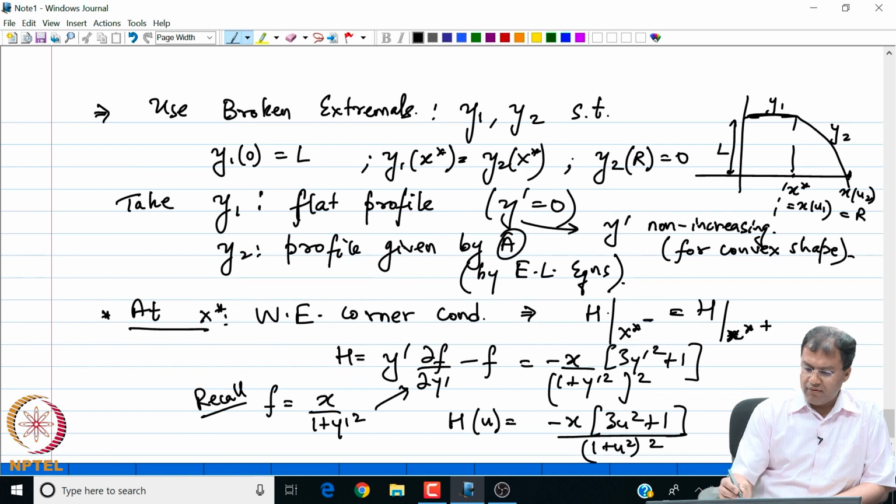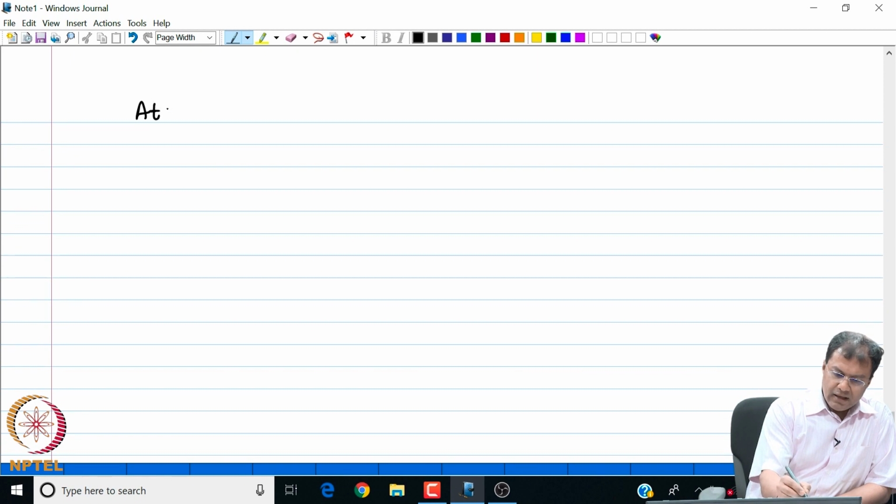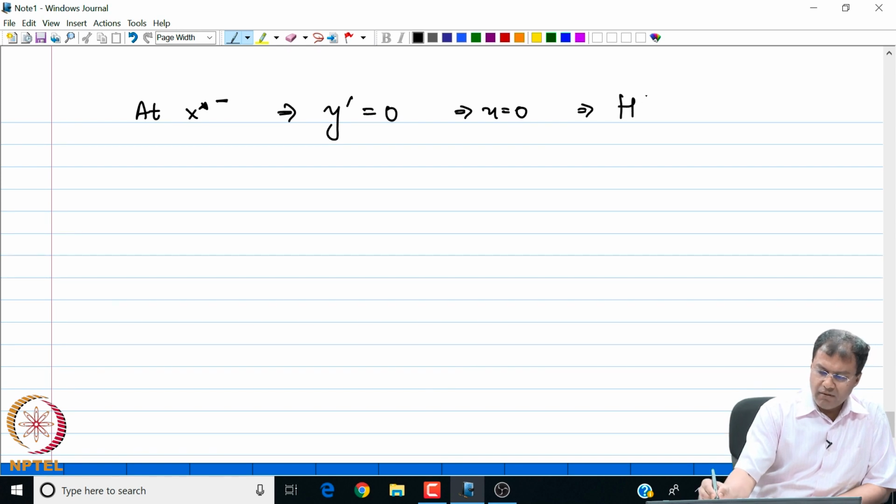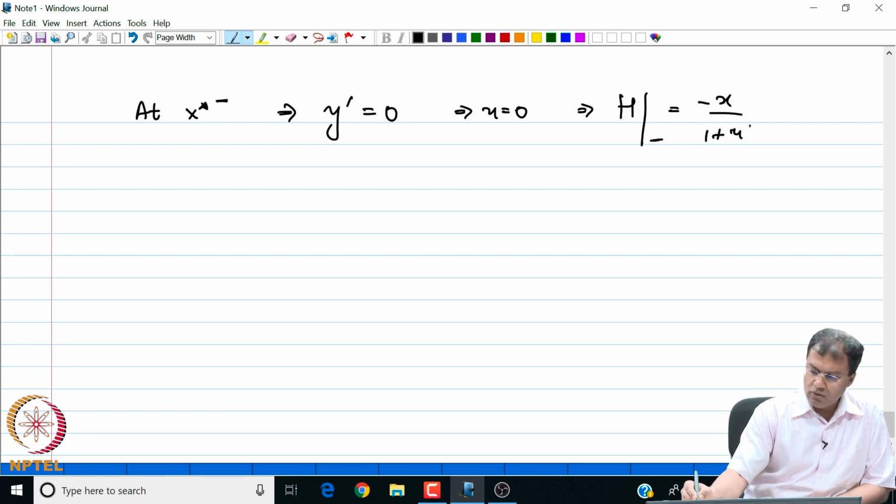From the left we have the profile is horizontal, so we can plug that in. At x star minus, the profile is flat, or my u is 0, which means that h from the left is nothing but x by 1 plus u square whole square by 3 u square plus 1.